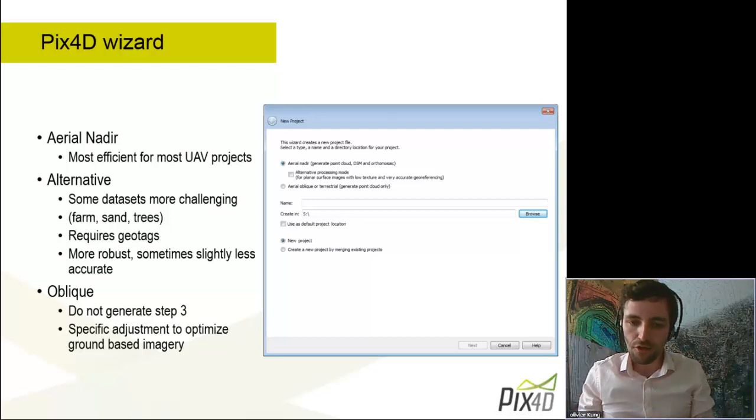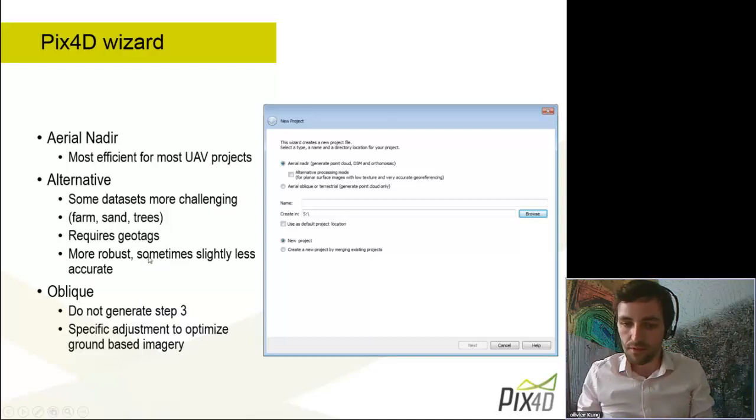They are usually challenging, and sometimes it may happen that when using the normal pipeline aerial nadir, you can have quite a number of images which are not calibrating. For these images, we recommend to use this alternative mode. It's much more robust, meaning that the likelihood of having most of the images calibrated will be very high.